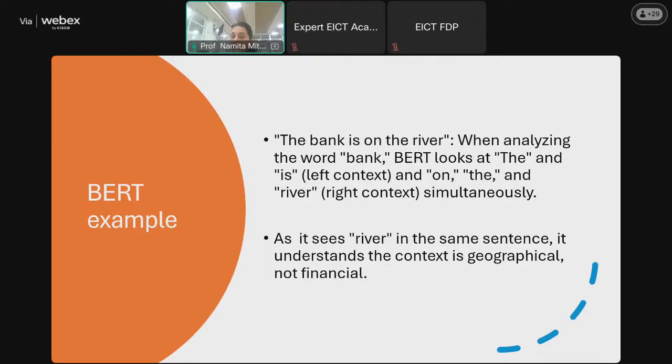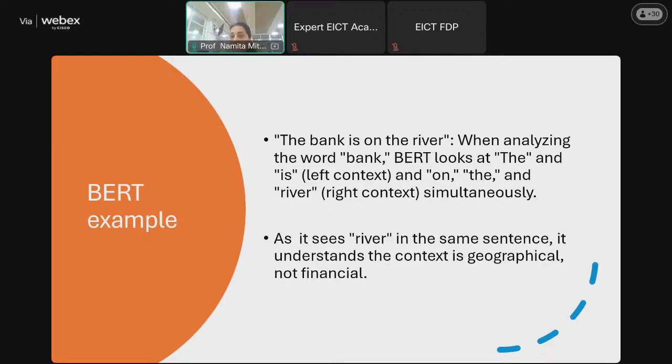which context. Bank is a financial institution, right? As it sees river in the same sentence, it understands the context is geographical, not financial. Of course the bank may be at the river, but here BERT will understand the geographical context, not financial, because river and bank both are coming in the same sentence.